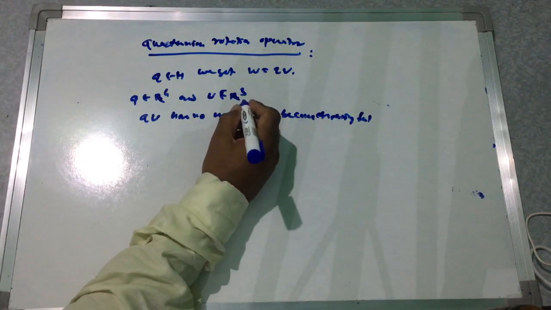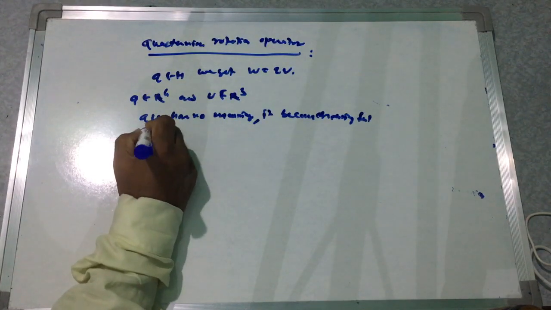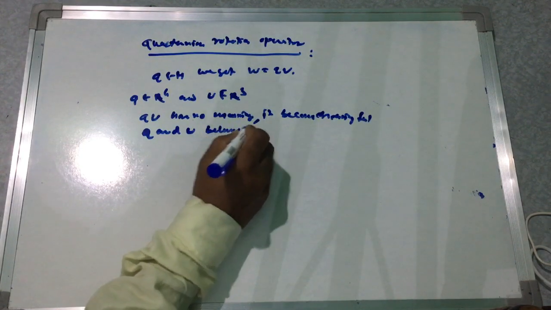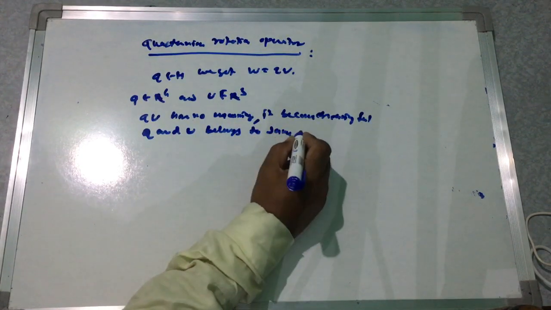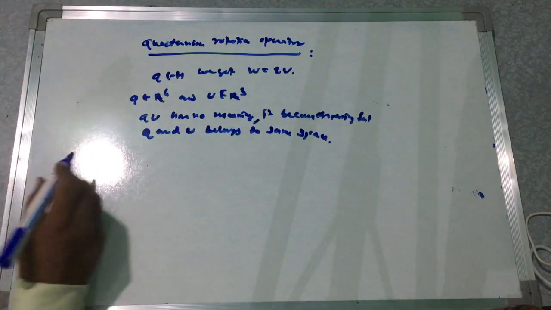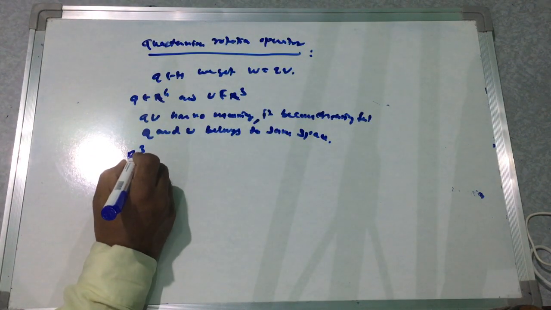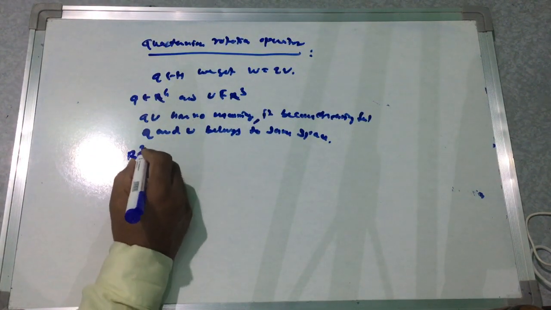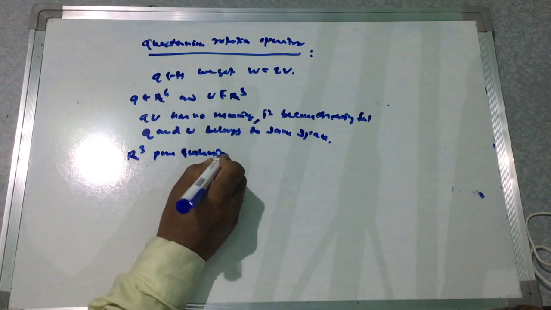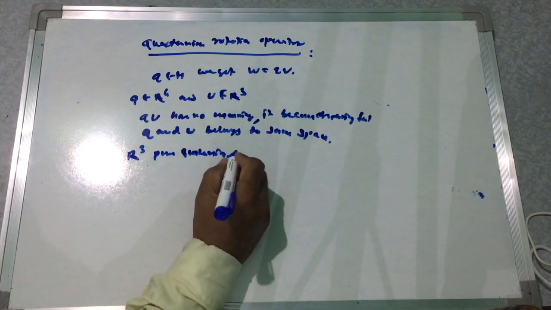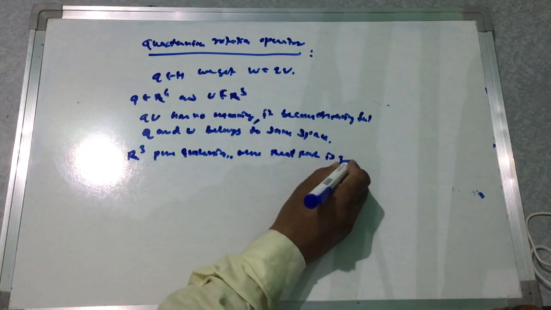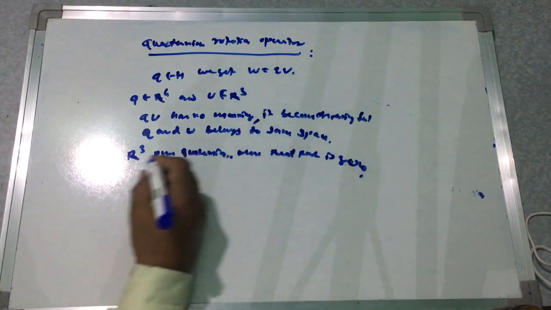if q and v belong to the same space. So every vector in R cube is a pure quaternion, whose real part is 0.